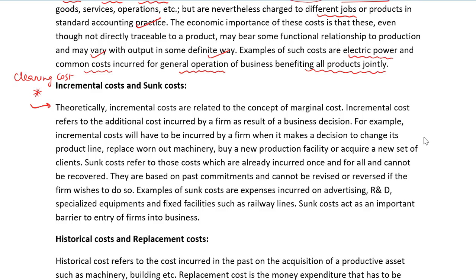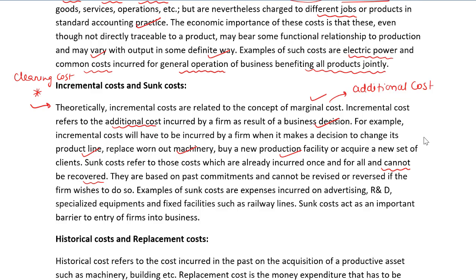Theoretically, incremental costs are related to the concept of marginal cost, additional cost. Incremental cost refers to the additional cost incurred by the firm as a result of a business decision. For example, incremental cost will have to be incurred by a firm when it makes a decision to change its product line, replace worn out machinery, buy a new production facility, or acquire a new set of clients. Sunk cost refers to those costs which are already incurred once and for all and cannot be recovered now.